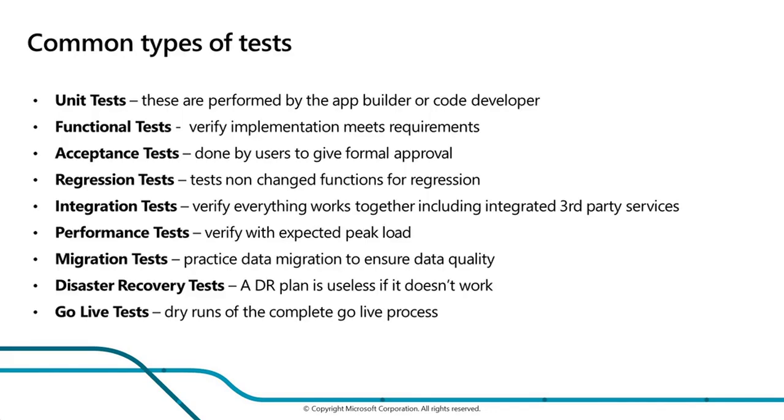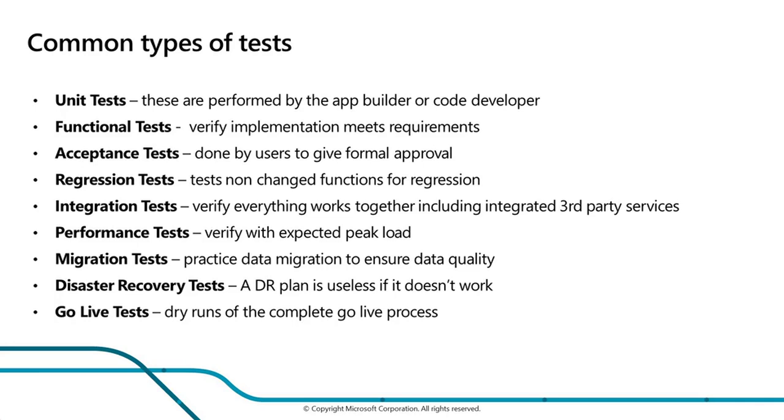The common types of test. So you've got the unit test. They are performed by the app builder or code developer. So this is the developer running this test to just see if everything is running correctly. The functional test verifies implementation meets requirements.